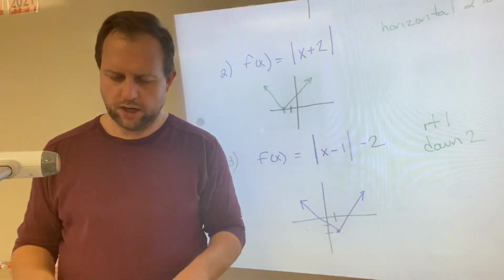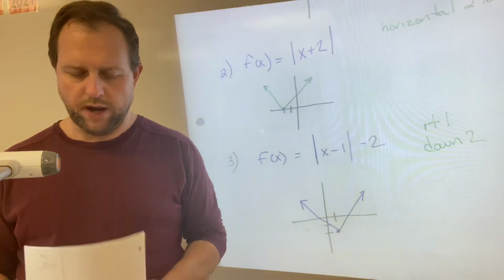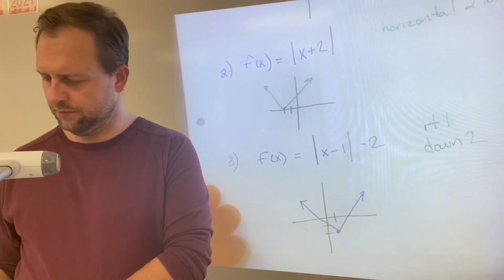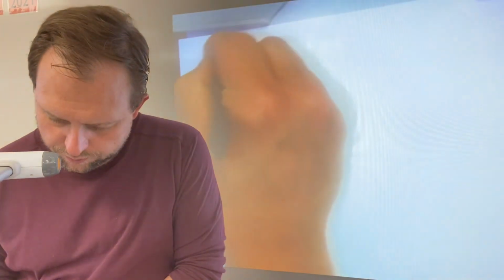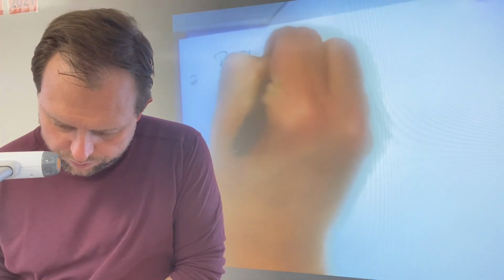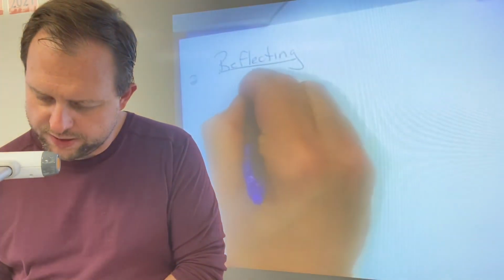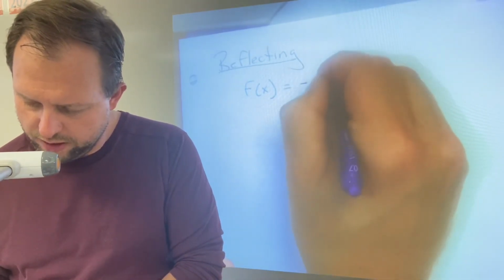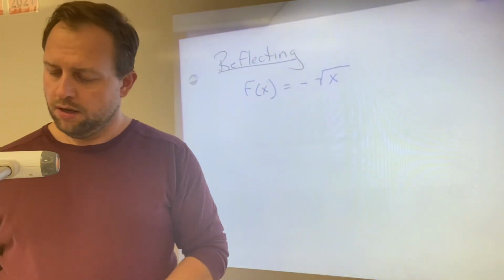The last thing we're going to talk about is reflecting over the x or the y-axis. So if we have f of x and we have a negative sign out front, that's going to cause a reflection on the square root function.